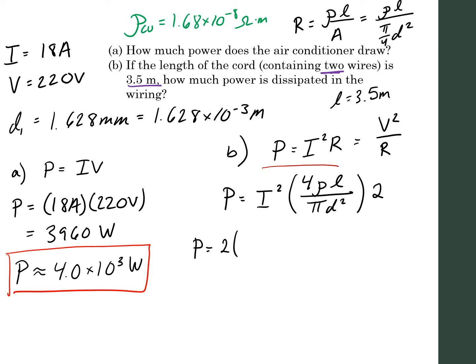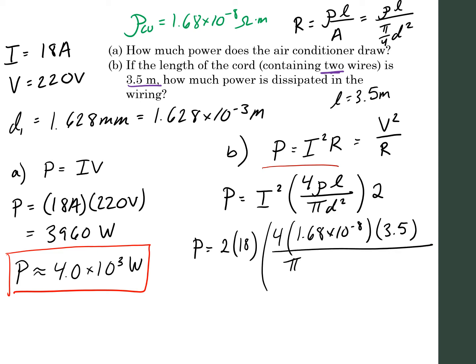So again, my current was given as 18 amps. I have 4 times my resistivity of copper, so the 1.68 times 10 to the negative 8. My length is 3.5 meters, divided by pi, my diameter 1.628 times 10 to the negative 3, squared.